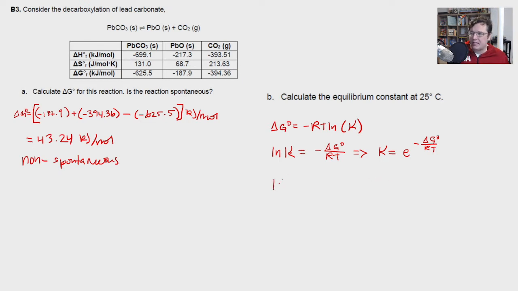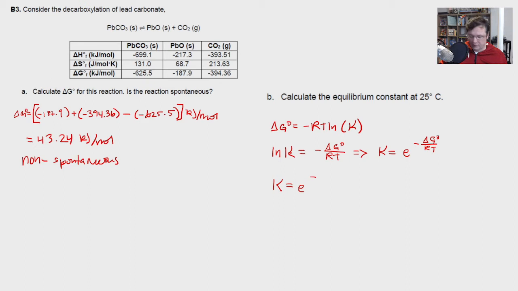We have e to the negative, and the delta G naught we already calculated. One important thing to pay attention to is that R is typically given as 8.314 joules per mole per Kelvin, whereas the delta G value is in kilojoules per mole. They're at different scales, so the easiest thing is to multiply the delta G value by 1,000 to get rid of the kilo prefix and convert into joules.